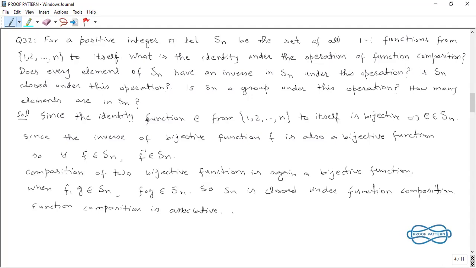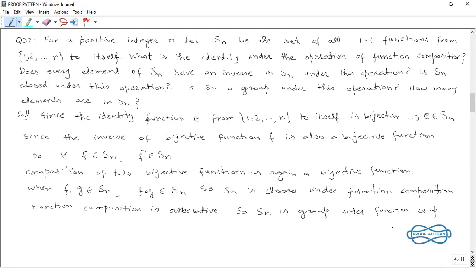So this implies Sn is a group under the binary operation of function composition.